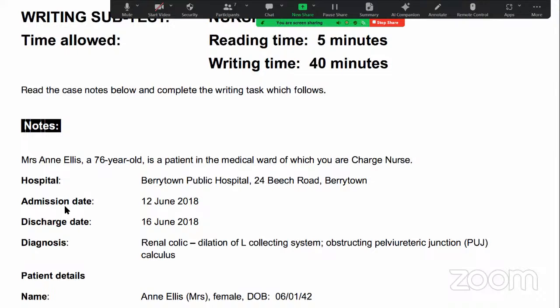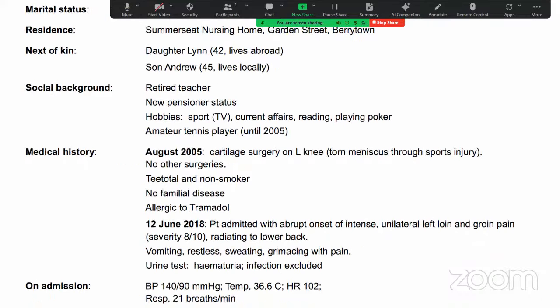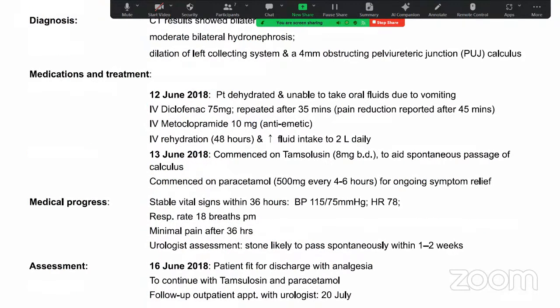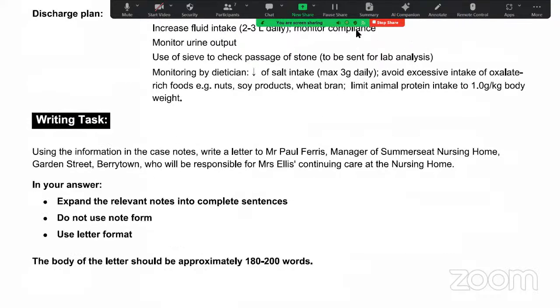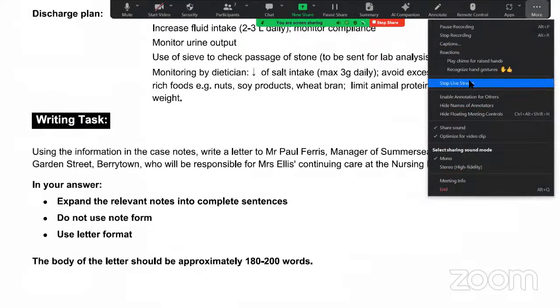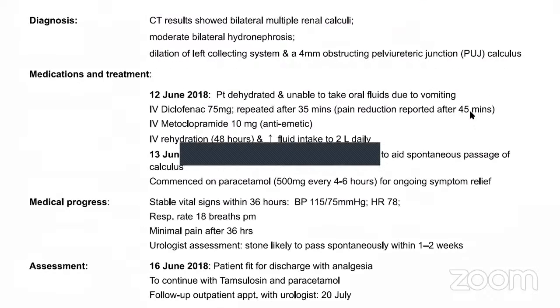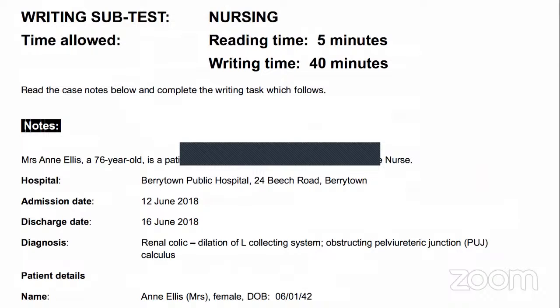Right. Next, second page. Then third. Then the last. So study this for a second. I'm giving you.